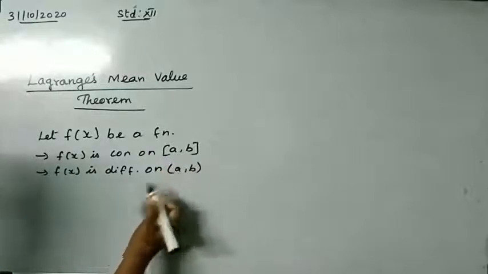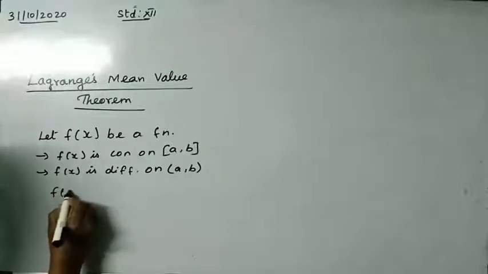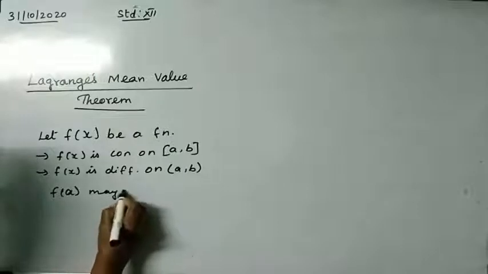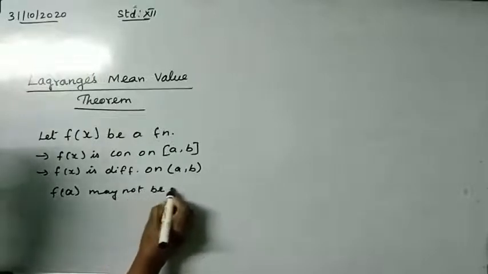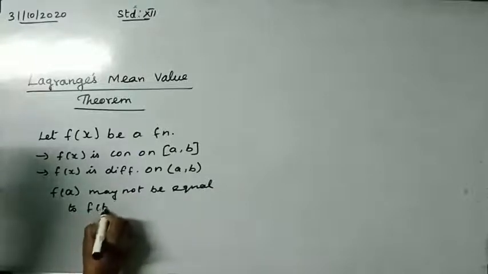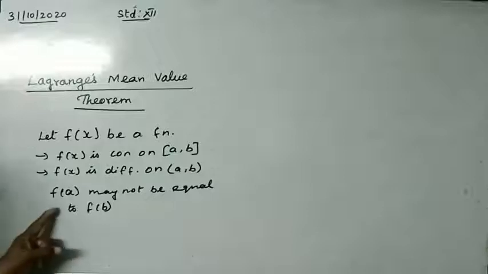It is a closed interval, it is an open interval, and f of a may or may not be equal to f of b. If it is equal, it is known as Rolle's theorem.